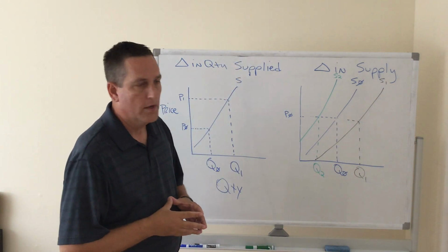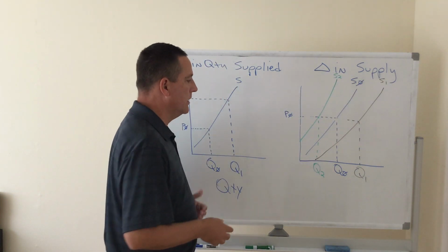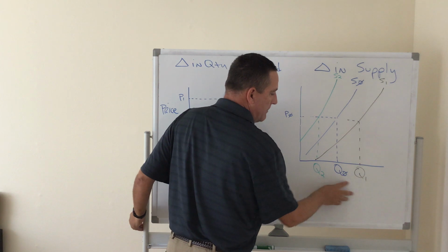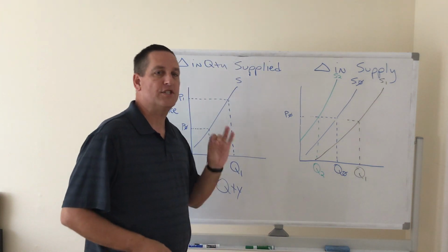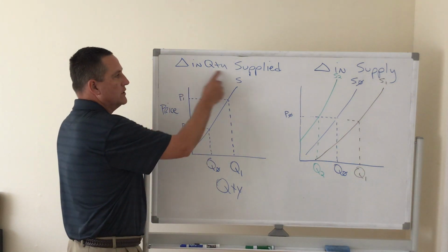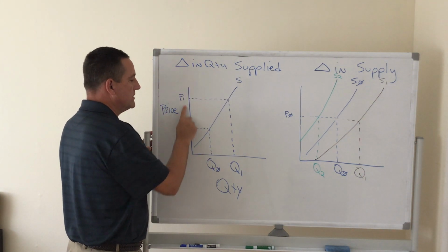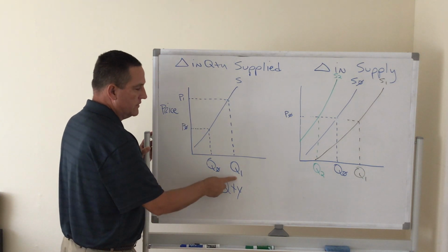Okay. So a change in supply means suppliers are willing to supply a different amount, maybe more, maybe less, but at the same exact prices. Remember, with a change in the quantity supplied, the price has to change. It has to go up or it has to go down, causing the quantity to change.